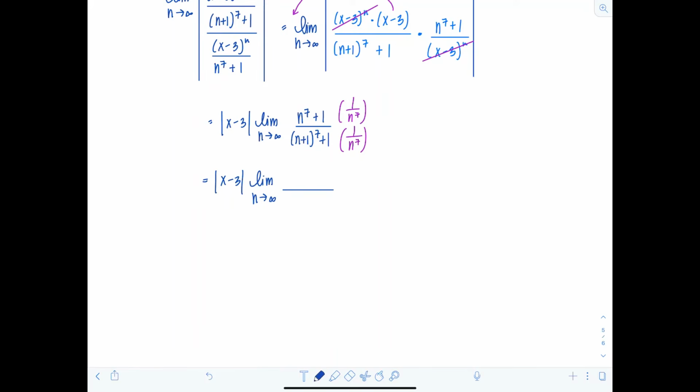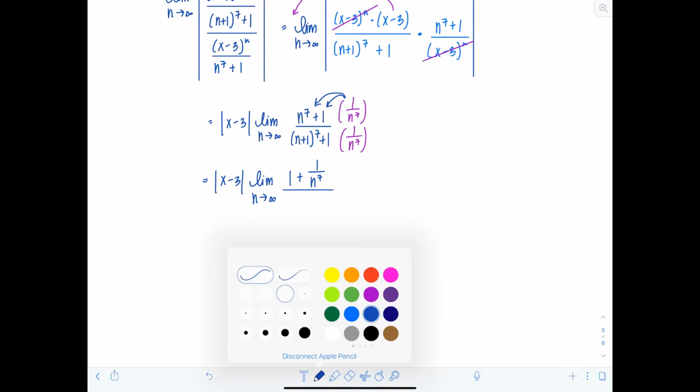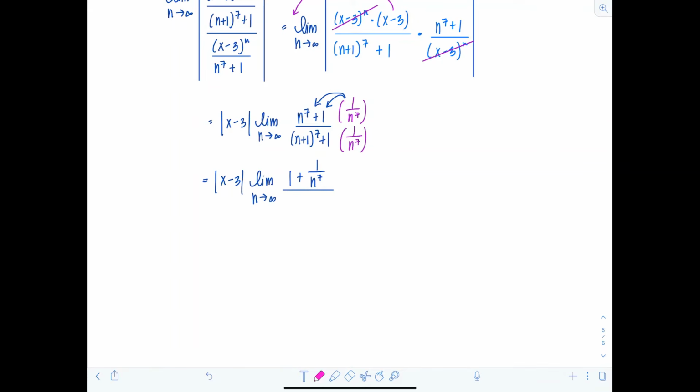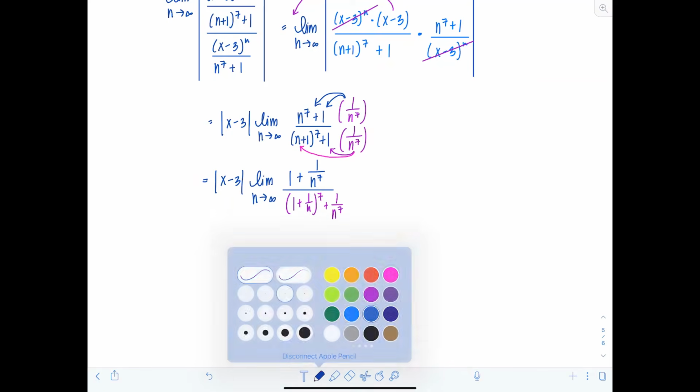In the numerator, when I distribute, I'm going to have n to the 7th over n to the 7th, so that's 1, plus 1 over n to the 7th. But then now, be careful. When I put 1 over n to the 7th inside the parentheses here, I'm going to have to take the 7th root, so it's just basically going to be dividing by n inside those parentheses. So I'm going to have 1 plus 1 over n to the 7th plus, and then now this is going to give me 1 over n to the 7th.